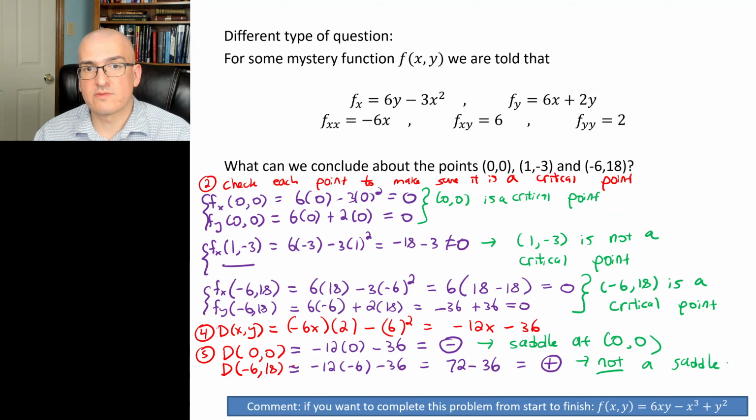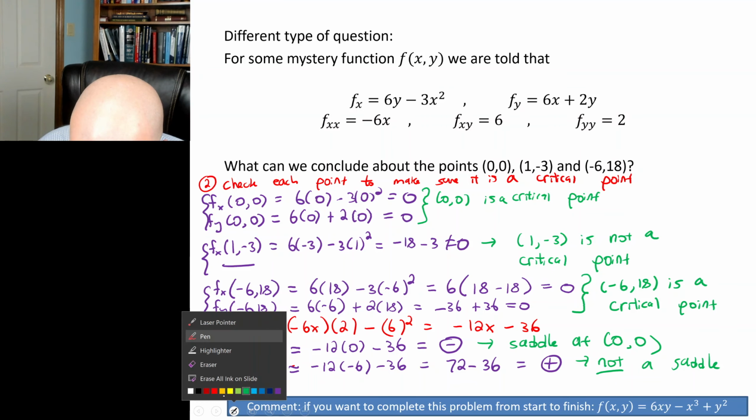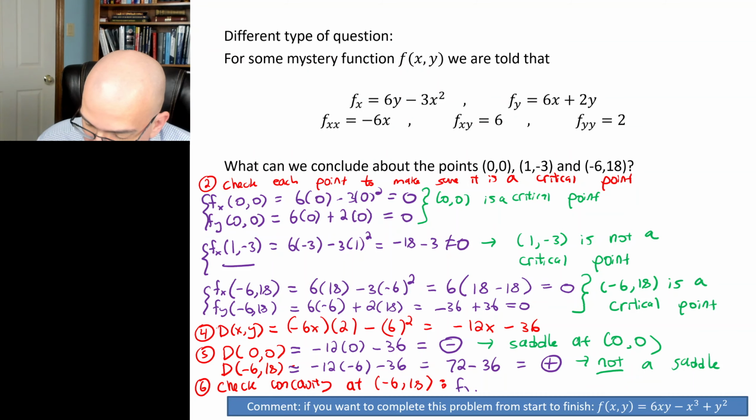If it's not a saddle, now we have to check the concavity. So step 6. Check the concavity at that point. So f double x evaluated at negative 6 comma 18. F double x is negative 6x.